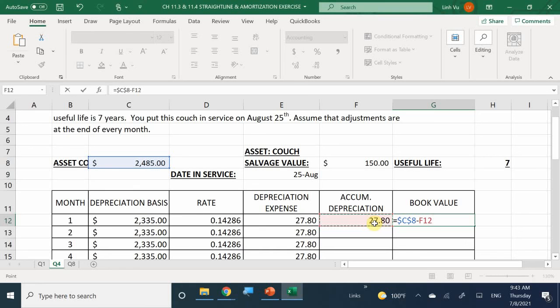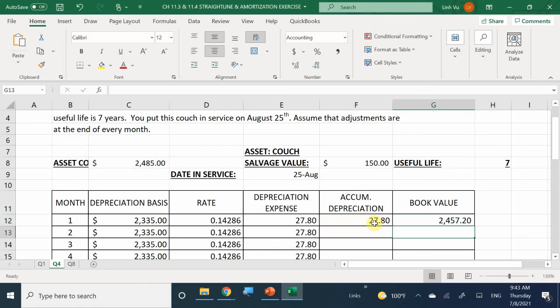In this case, book value represents what the asset costs me now that I've used it. Is it 2457.20? 2457.20. That is correct. As you can see, it's slowly lowering in value.